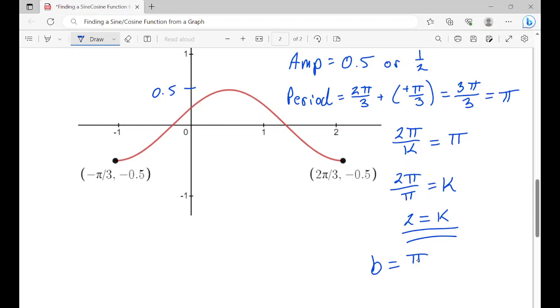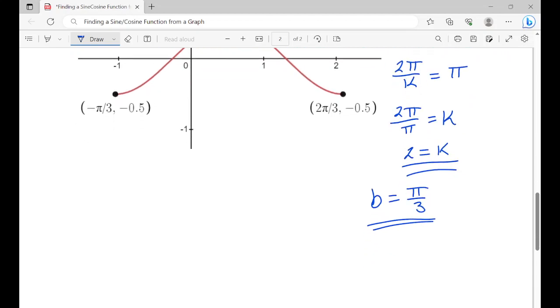So now I got my amplitude, got my period, which gave me my k, and I got my phase shift. But don't forget, there was a reflection about the x-axis. So we need to count that in as well.